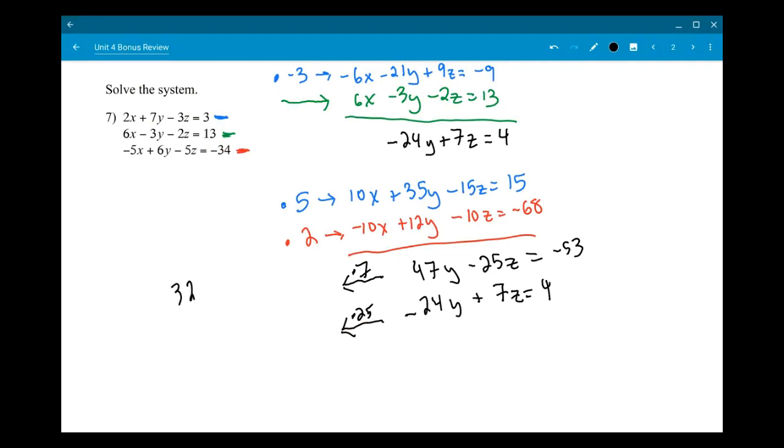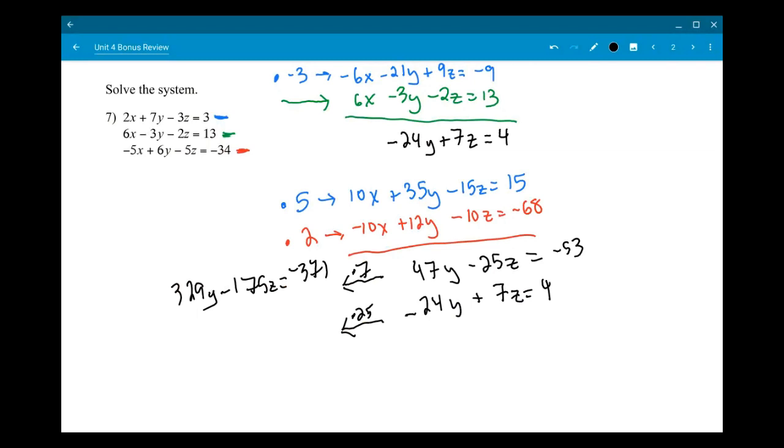Okay, so I get 329y, and 7 times 25 is 175, so that's minus 175z. And then 53 times 7 is 371, so it should say negative 371.